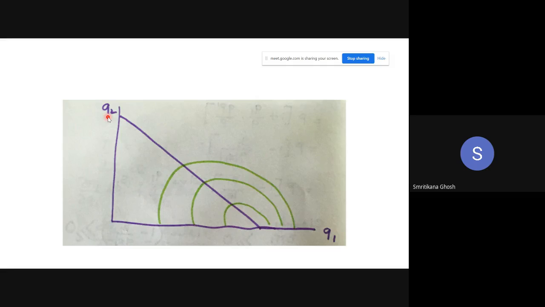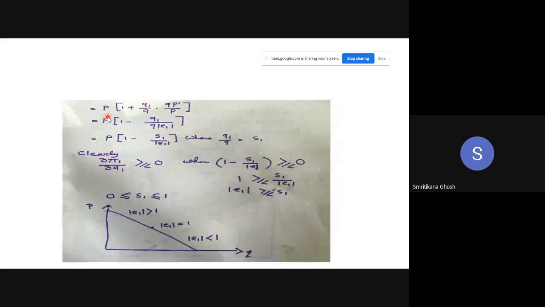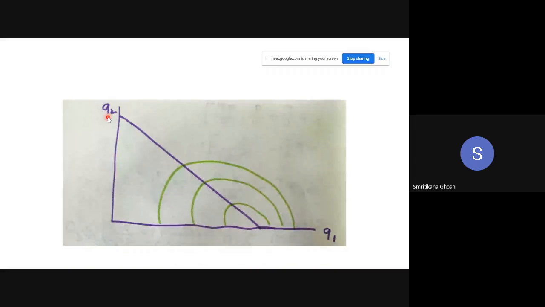So is that okay? This is just the explanation, but I don't think everything will be clear for all. If you have some conceptual question because this is just the mathematics, nothing else, when I share this part in your LMS, you can check the slides and understand. But if you have any conceptual problem about why this portion is this way, you can ask me now. So these green ones are the isoprofit curves. This is actually the isoprofit map, three curves are there.